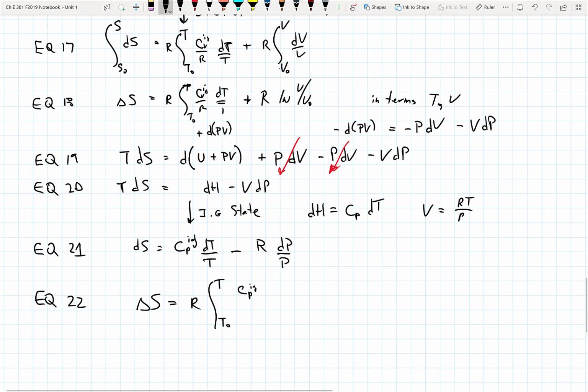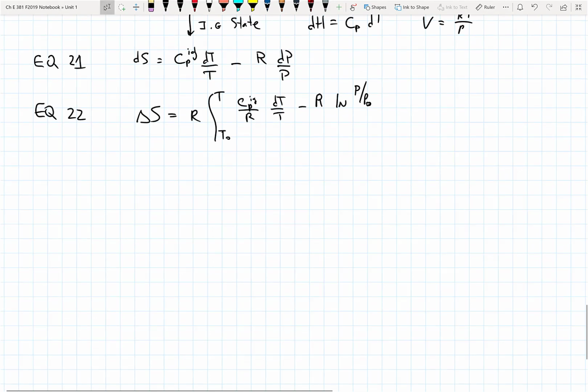So that's going to be Cp IG over R dT over T minus R. And now the integral of dP over P is just simply going to be natural log of P over P0. Okay, so the thing that we want to focus on next is how do you evaluate that integral. It's pretty straightforward.